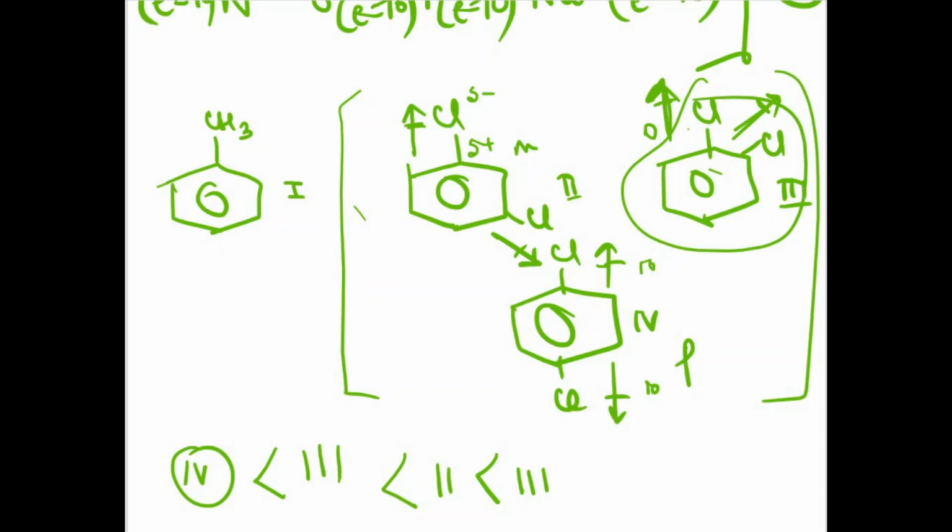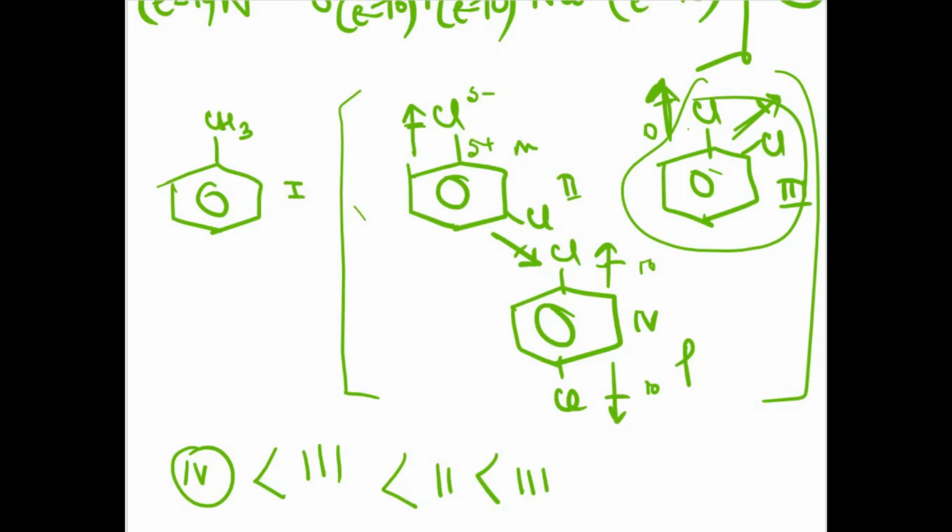But in toluene, there is no cancellation, neither is there any electronegative element to contribute to the dipole moment that much. So it will have some intermediate value. That is why we are keeping it not absolutely in the front compared to the meta and the ortho one, and not at the end, because it will have some value which would be greater than the para one, because that should be a 0 element since they are absolutely opposite, right?